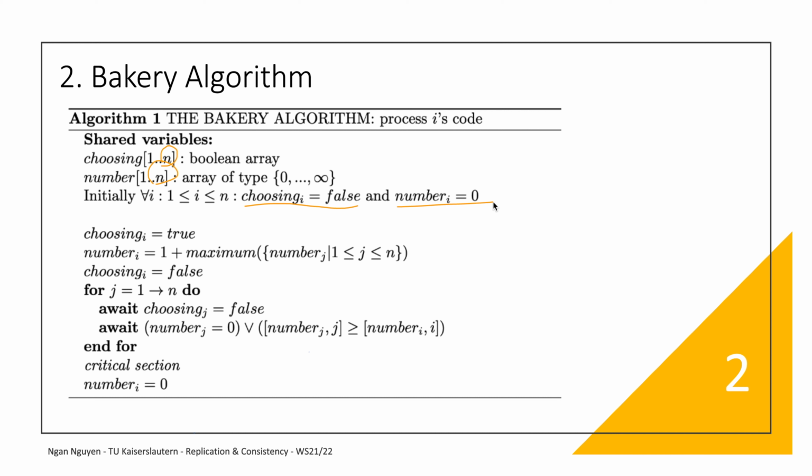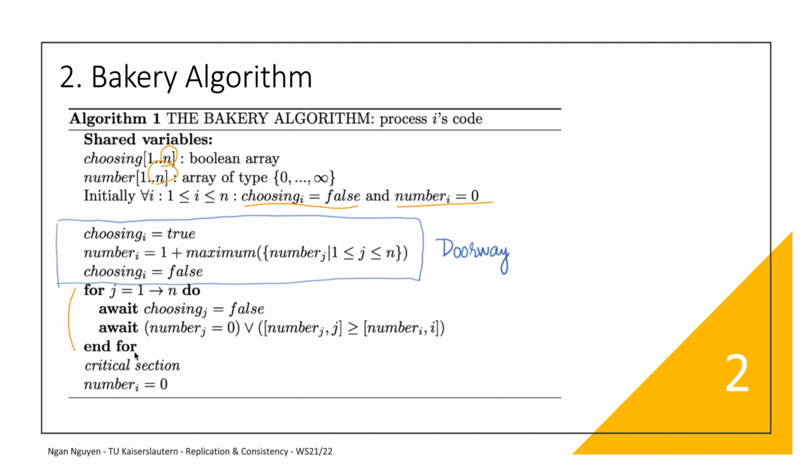If process i wants to enter the critical section, it first goes through the doorway. In the doorway, it sets its choosing to true to announce that it is entering the doorway, and then it calculates the maximum number of the number array and sets its number to 1 plus the maximum, and resets its choosing to false and enters the waiting part.